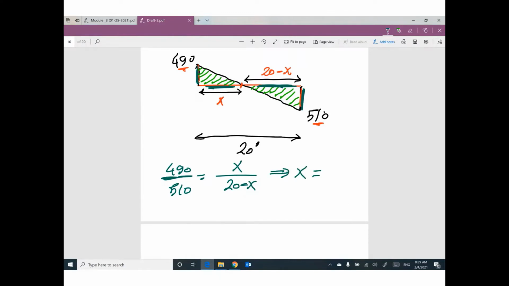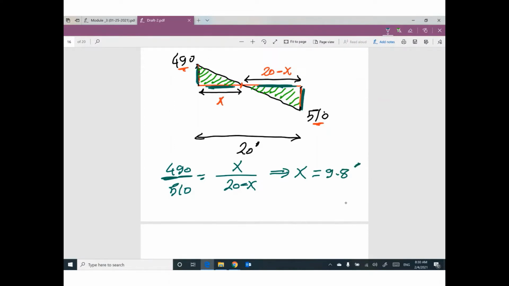I can figure it out. The value of x will be 9.8 feet.